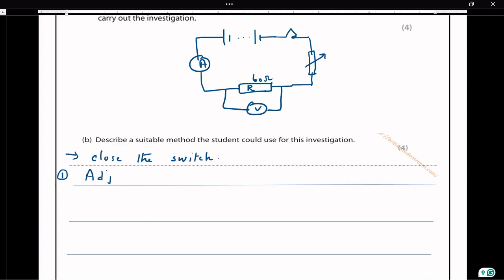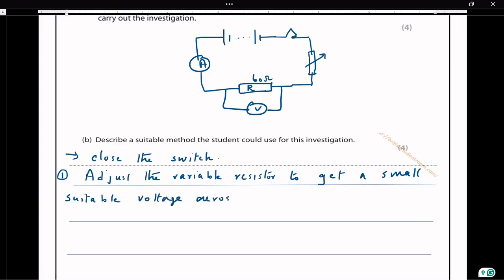Adjust the variable resistor to get a small suitable voltage across the 60 ohm resistor.